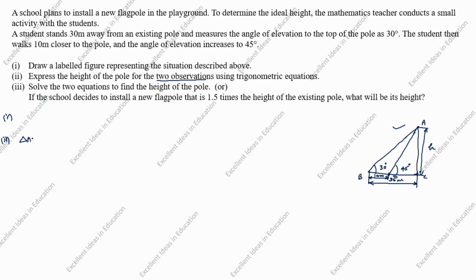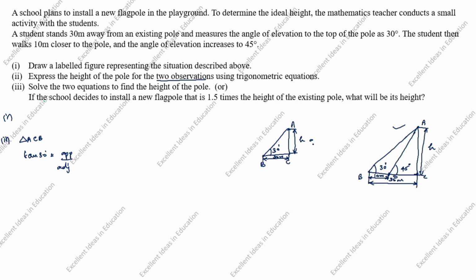Triangle ACB. So we will take this triangle BCA. This is 30 degrees. The whole distance we know is 30 meters. This height we need to find. Tan 30 degrees equals opposite by adjacent.